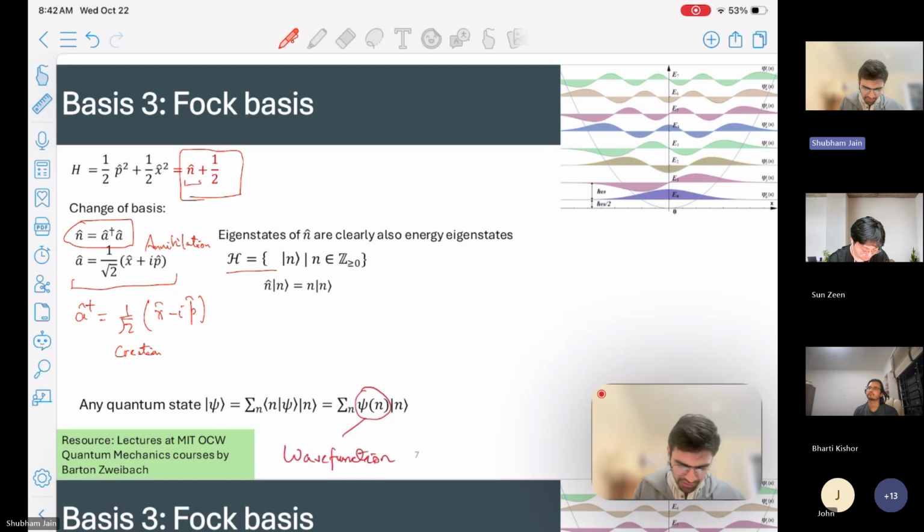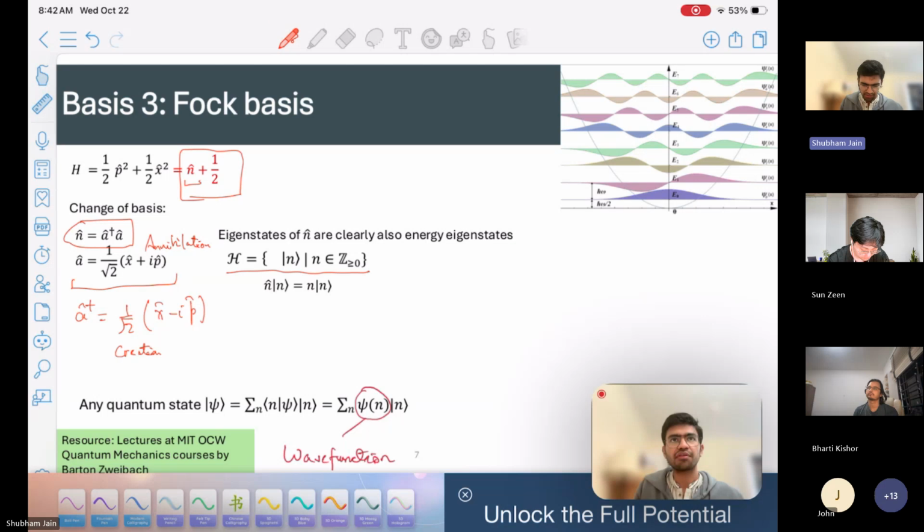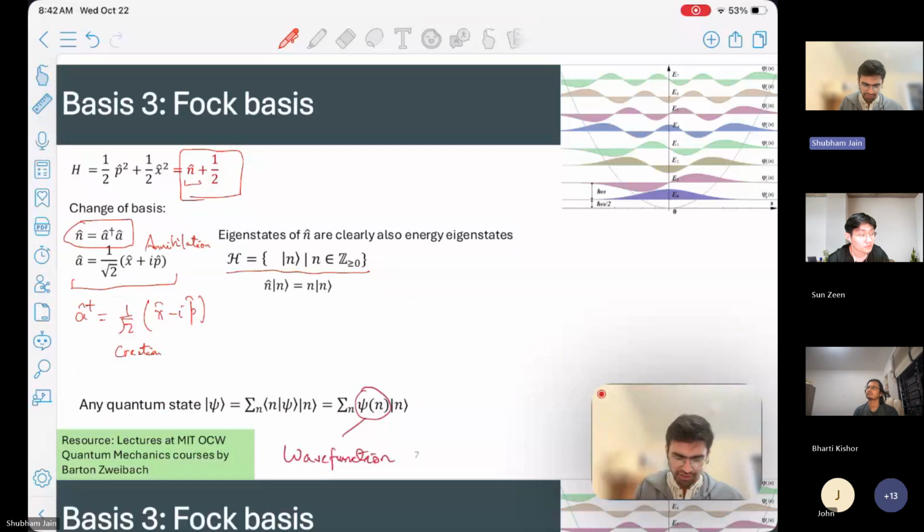Labeling the Hilbert space is now much simpler as well. It can just be labeled by positive integers n, and these states are the eigenstates of the number operator. So this is another way to represent the same Hilbert space that we represented before with the position and momentum eigenstates.